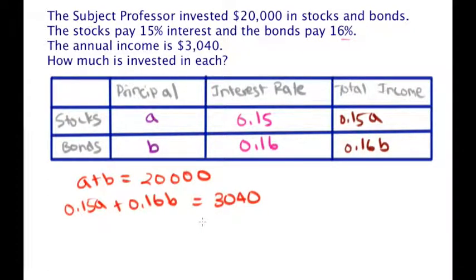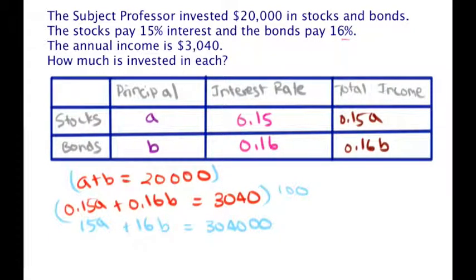So first we should multiply by 100 because we can get rid of all these decimals. So we get 15A plus 16B is equal to 304,000. Now I'm going to multiply the other equation by 15 because I can use the addition and subtraction method.